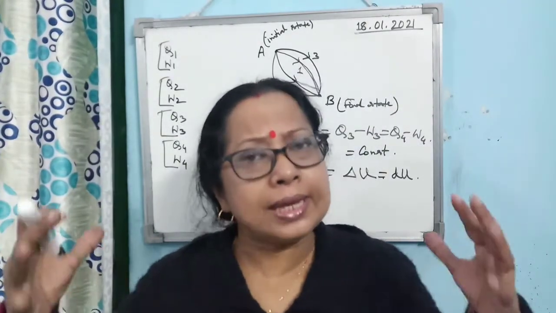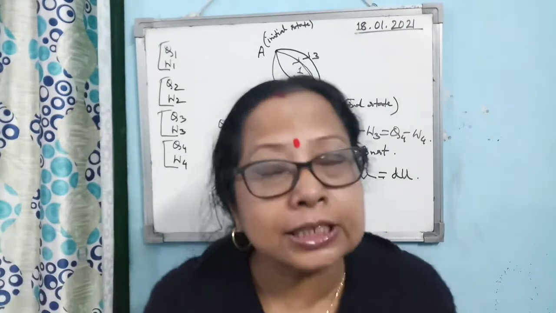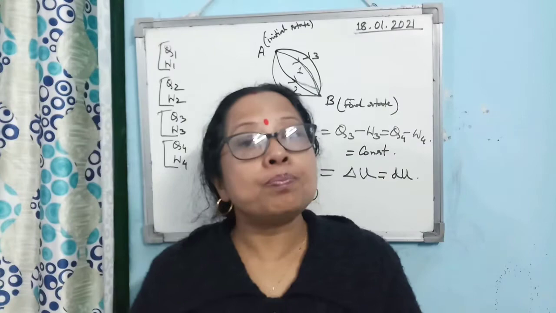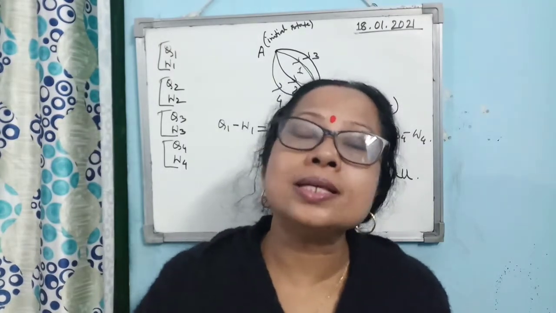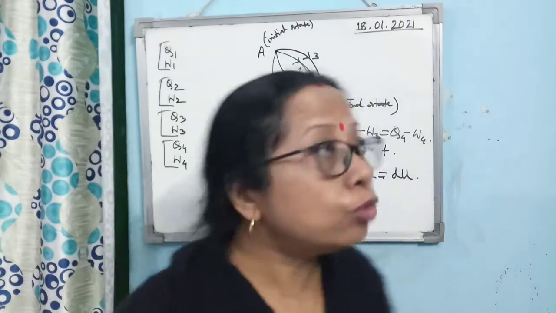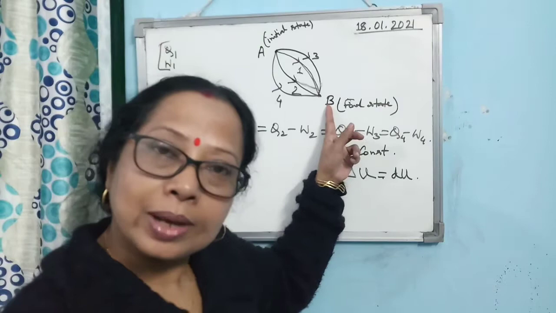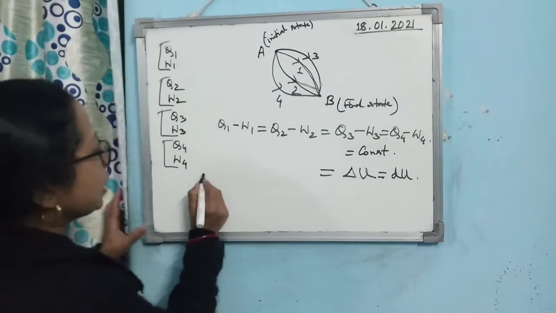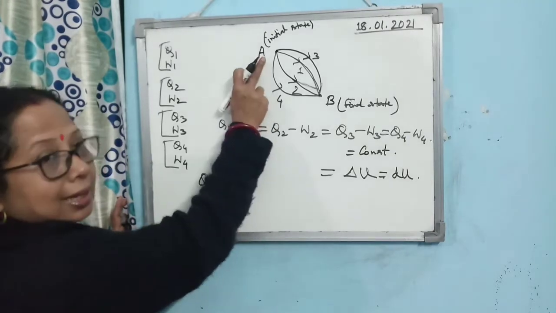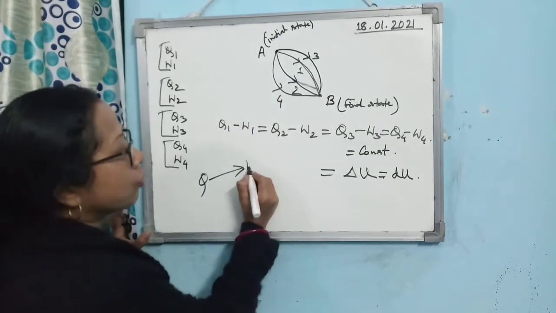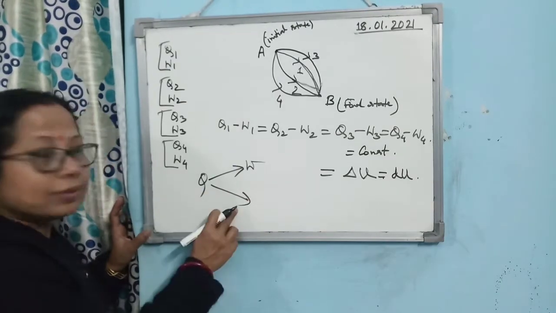In a very simple way, you can understand it. When you are giving heat to a system, what are you actually giving? You are giving some energy to the system, isn't it? By utilizing that energy, the system does some work to move from the initial state A to the final state B. Suppose you have given Q amount of energy, a part of it is used for the work done to take the system from A to B. So what will happen to the rest of the energy?